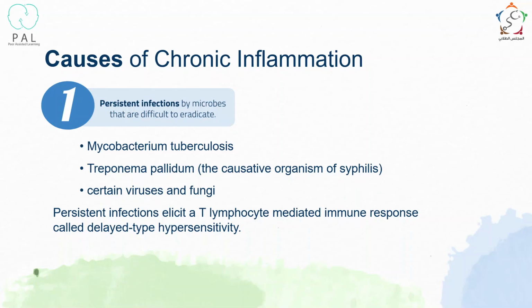It can elicit a delayed type hypersensitivity reaction, which you're probably going to go over in immunology, that is mediated by T lymphocytes. Another example is Treponema pallidum. It causes syphilis. It's also very difficult to eradicate, and so are certain strains of viruses and fungi.